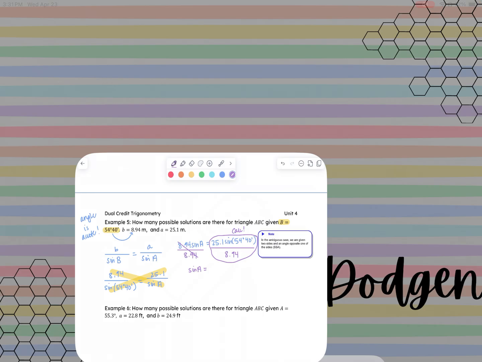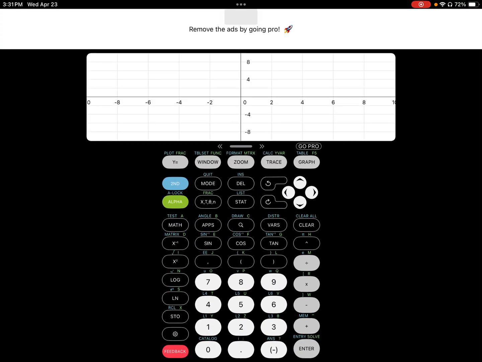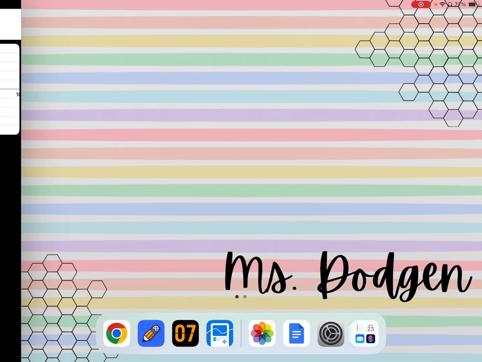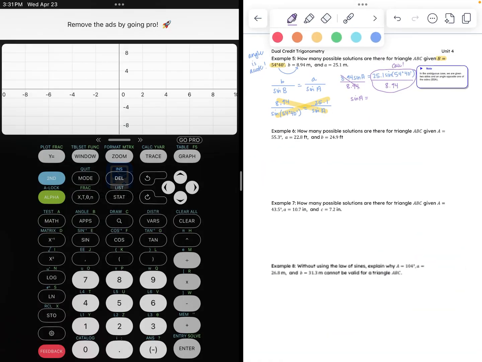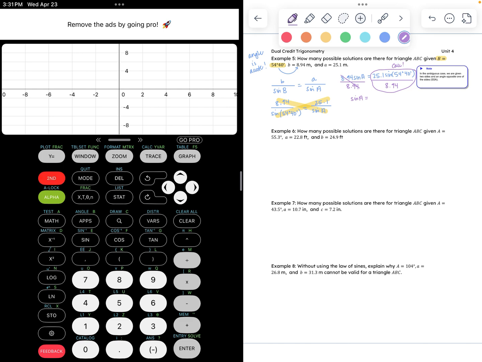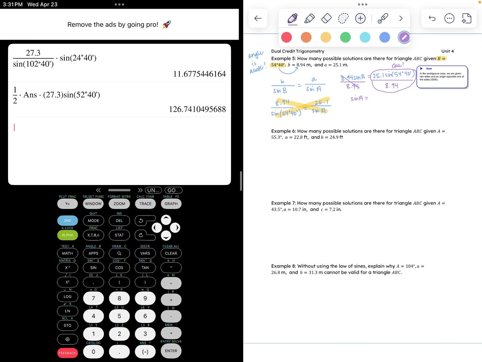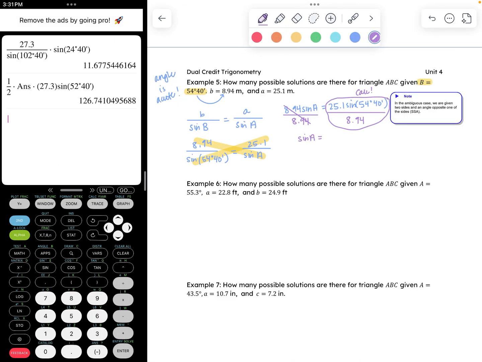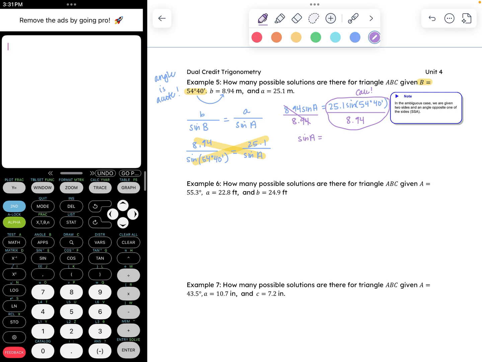So let me pull my calculator back up. Like I said, I told you we were going to use this for pretty much everything today. Okay, I'm going to plug it all in.